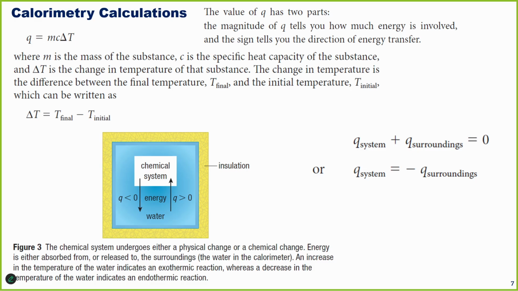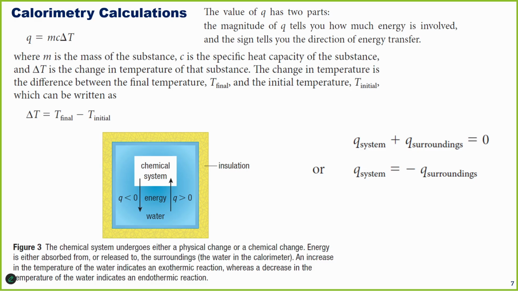In calorimetry, the total amount of thermal energy absorbed or released by a chemical system is given the symbol lowercase q. The magnitude of q depends on 3 factors, which are: first, the mass of the substance; second, the specific heat capacity of the substance; and third, the temperature change experienced by the substance as it warms or cools.